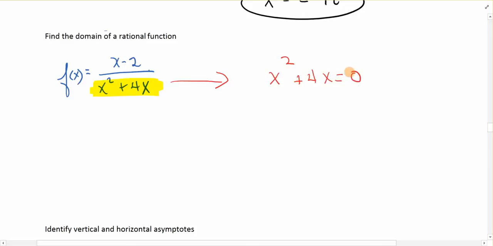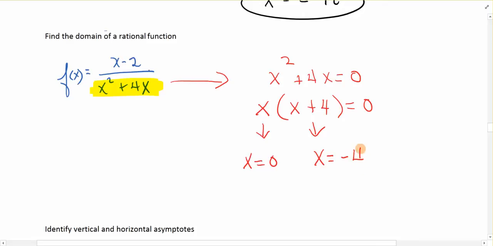And let's solve that thing. How can we solve that? Yes, we could. We could take out an x, and that leaves x plus 4. And then each of those set equal to 0 gives us x is 0, -4. Now, is that my domain?